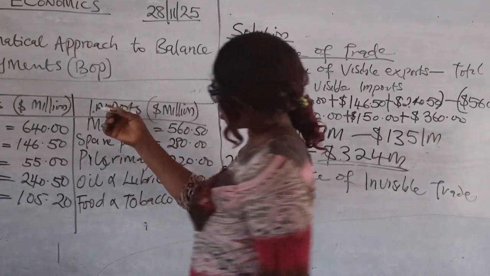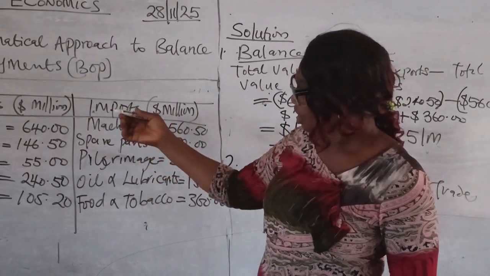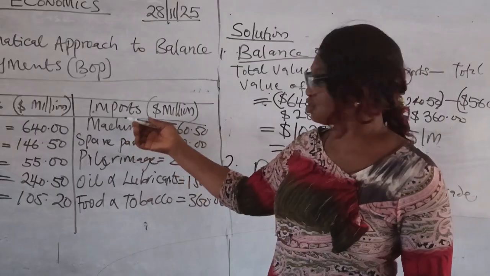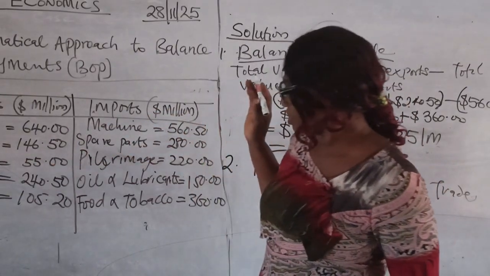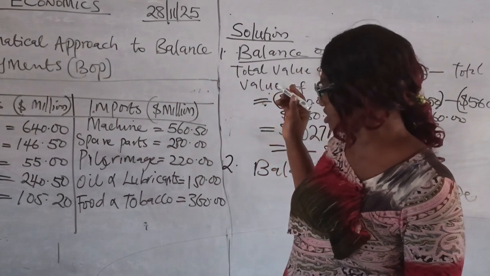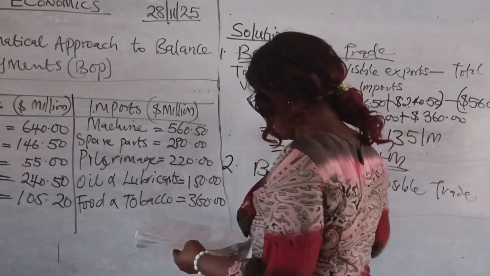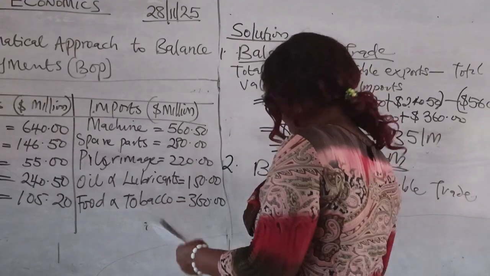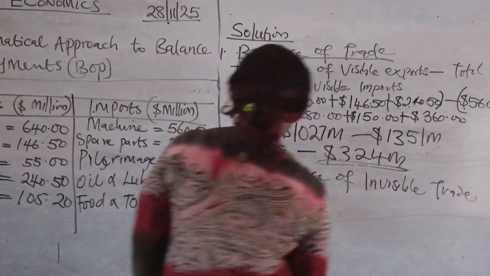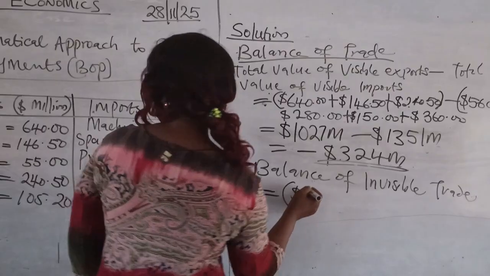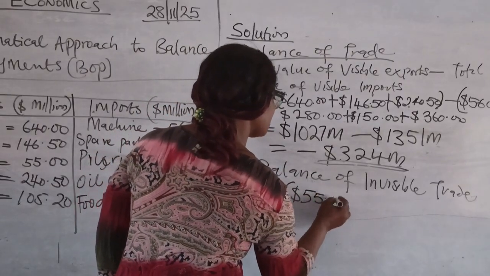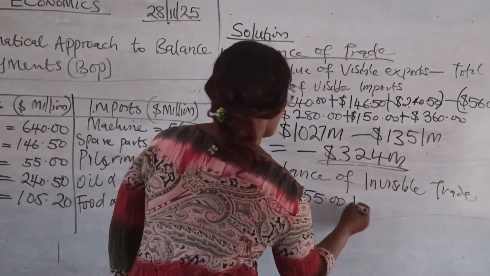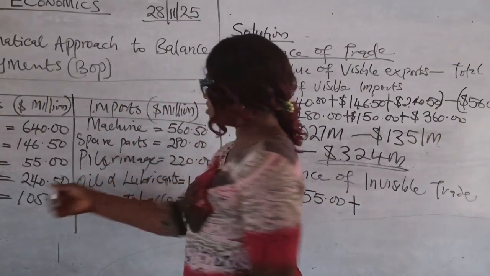When we look at the exports, our services to other countries, we will see shipping is our services to other countries. Shipping is $55 million plus tourism.